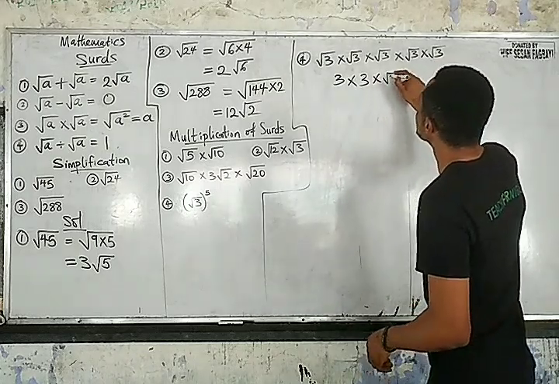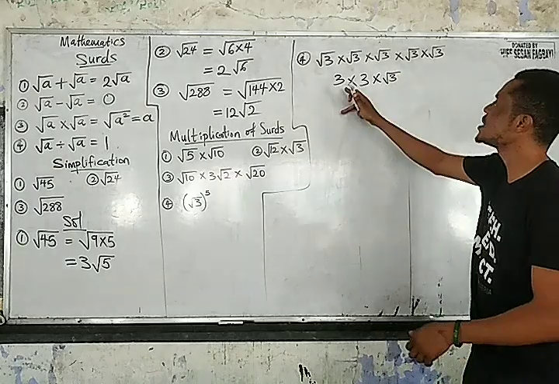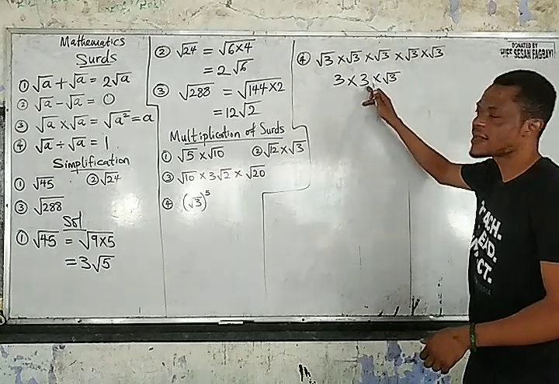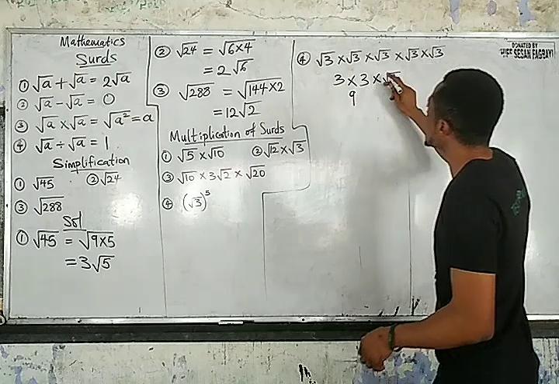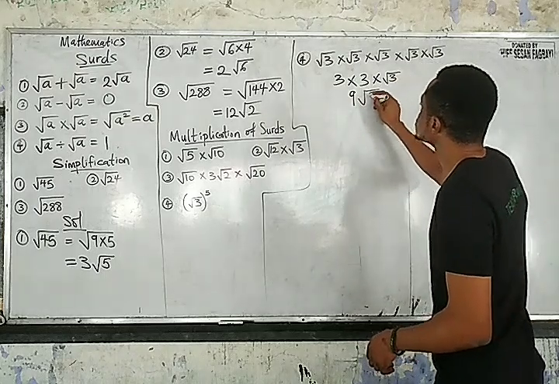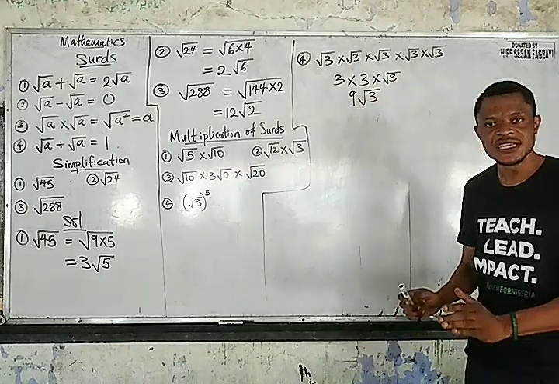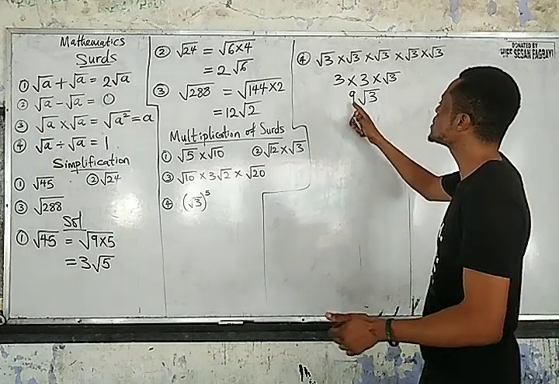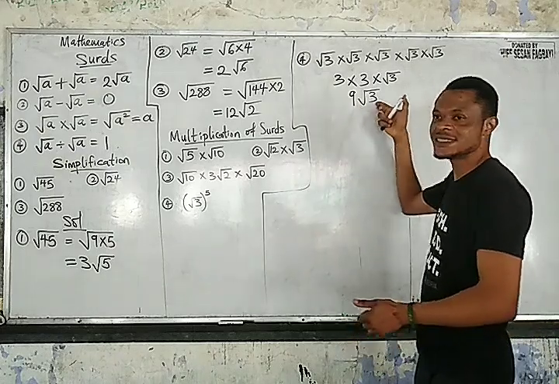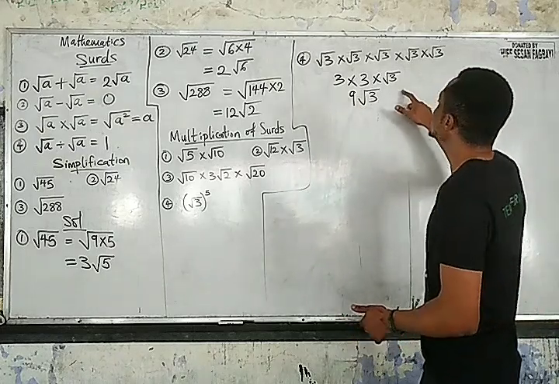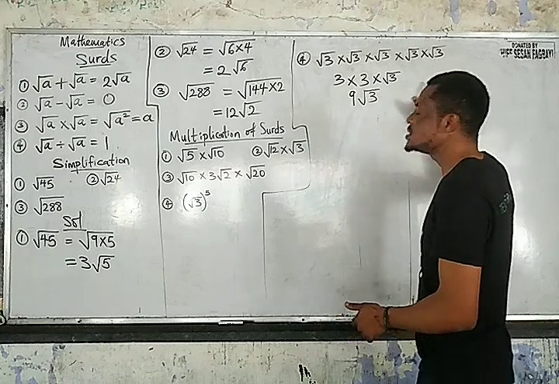So 3 multiplied by 3 we have 9, and root 3. Easy. Don't make the mistake of multiplying 9 and 3 inside to say it will be root 27. That is wrong.